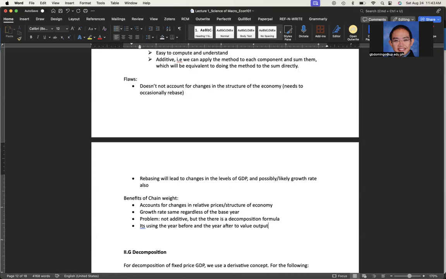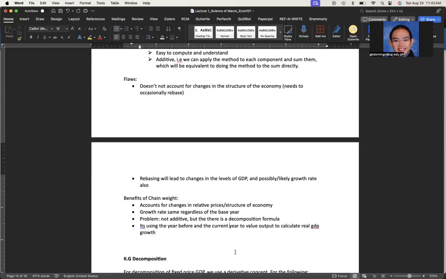It's always good to calculate real GDP. So it's always going to use the year before and the year after, or the current year, to value output and calculate real GDP growth. So all of the flaws of the fixed price, wherein the changes in the relative prices over time, these are accounted for under the chain-weighted real GDP.